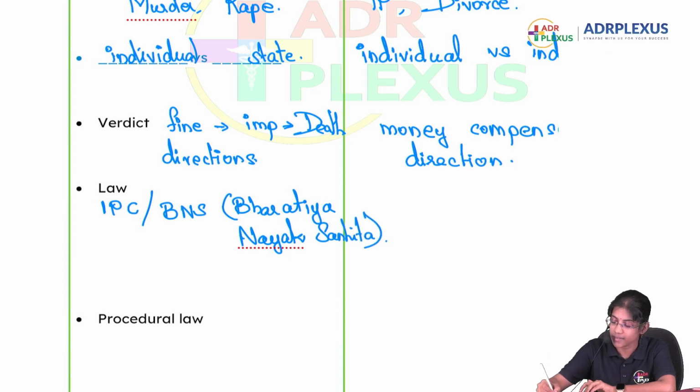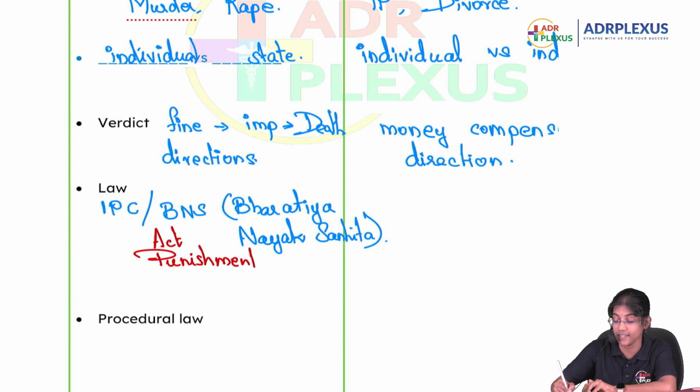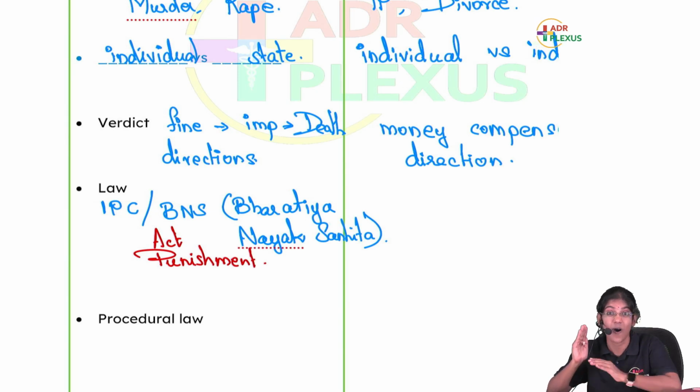Now what does it give? It defines the offense, it tells what are the acts which should be considered an offense, and it gives the punishment for it. So it defines what is an offense and it gives the punishment for it.